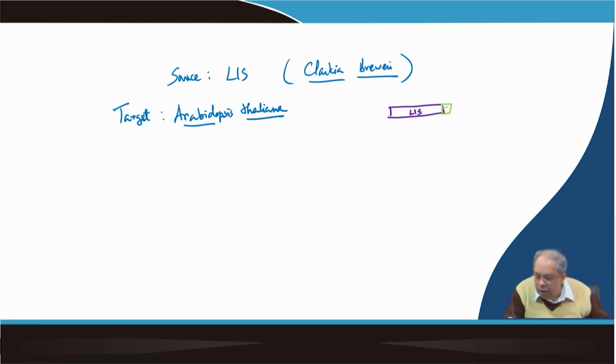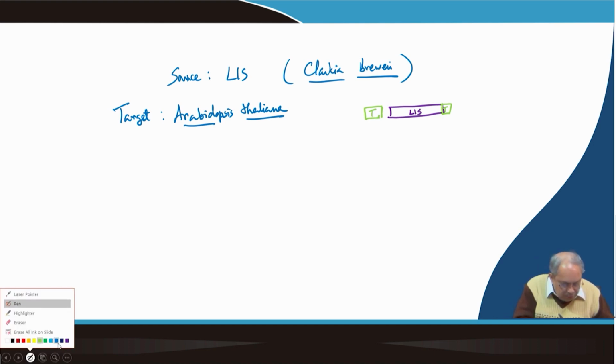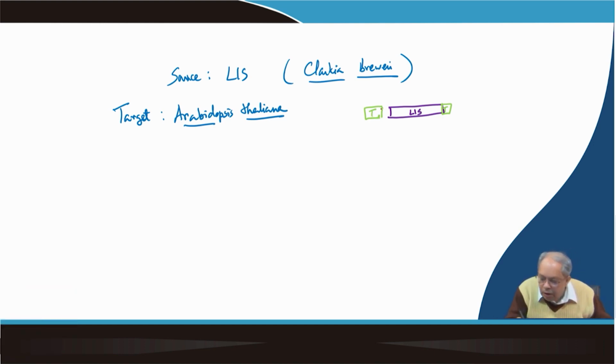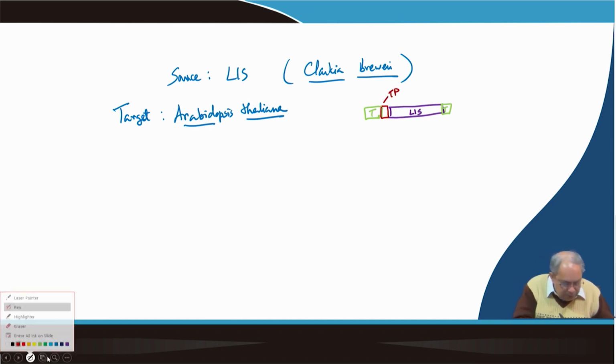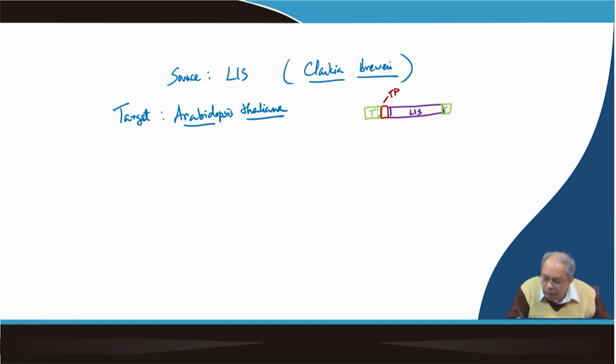The terminator is added here and the promoter is here, but in between the promoter and terminator what needs to be added is basically a transit peptide sequence. And why? Because this is the promoter, right?